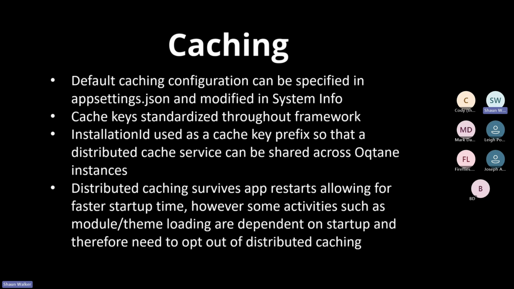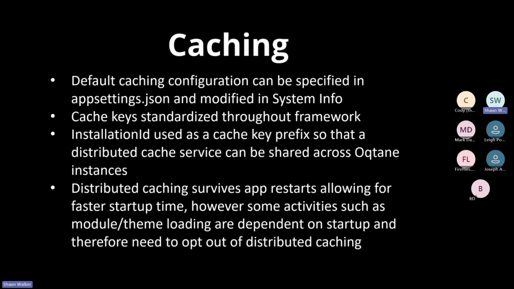It's actually quite nice to have a shared Redis instance that you can use. Of course, you can scale that up or down based on the memory requirements you have. But by using the installation ID as a prefix, it allows a distributed cache service to be shared across multiple Oqtane instances.